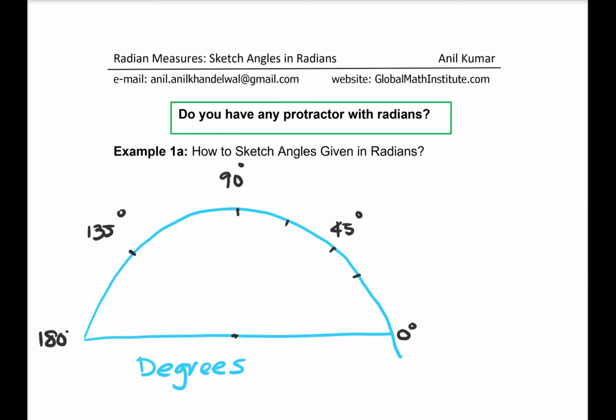So connecting with the center point, you could always have two arms of an angle. One arm, which is along this axis, is called the initial arm, right? And the other, which actually rotates, if you have another arm kind of like this, is called the terminal arm, right?